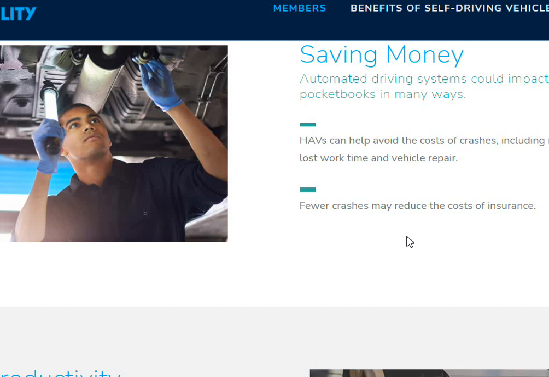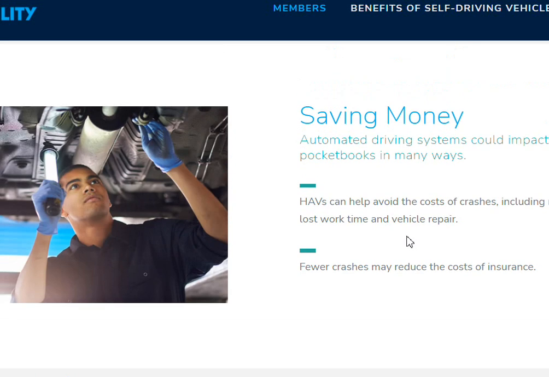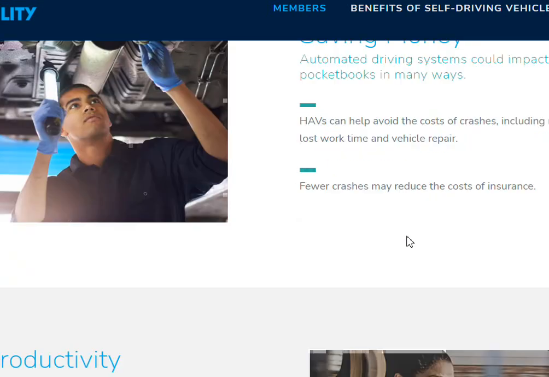Secondly, I think this automated driving system could save our money. For example, it can help avoid the cost of crashes. So I think fewer crashes may reduce the cost of insurance or something.